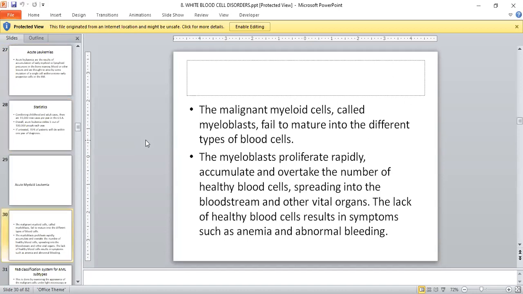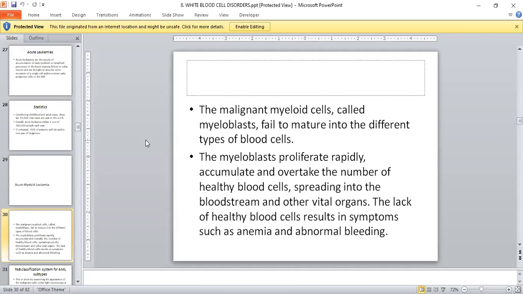So AML, the name just tells you it's myeloid. Myeloid meaning it mostly affects the RBCs, white blood cells, platelets, just all those ones. So the malignant myeloid cells, called the myeloblasts, don't mature into the different types of blood cells.